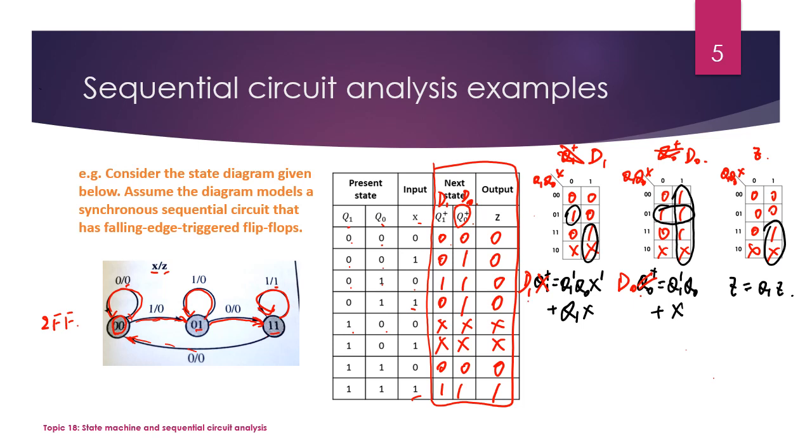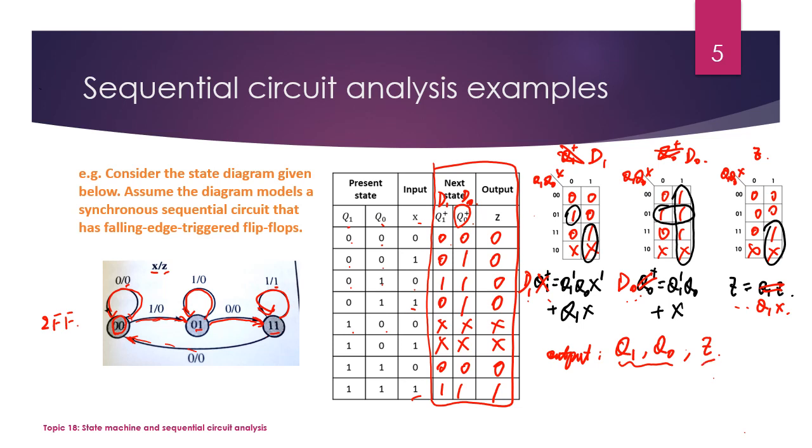So once we have D1, D0, and Z, this is X actually. Once we have the Boolean expressions for D1, D0, and Z, we can figure out the logic diagram, right? But one more thing to mention: for this state machine, what outputs do we have? We have outputs Q1 and Q0, which are from the flip-flops, and also we have output Z. Q1 and Q0 come directly from the memory part, the flip-flops.